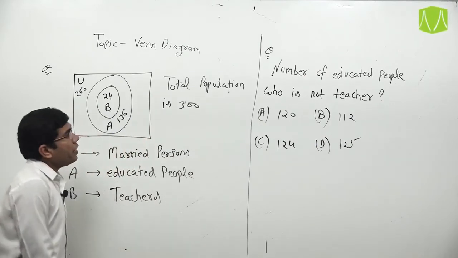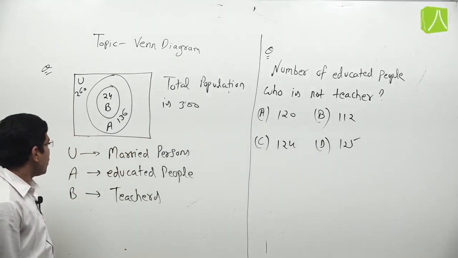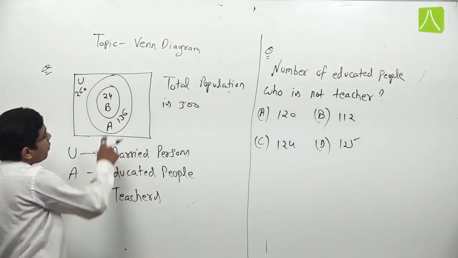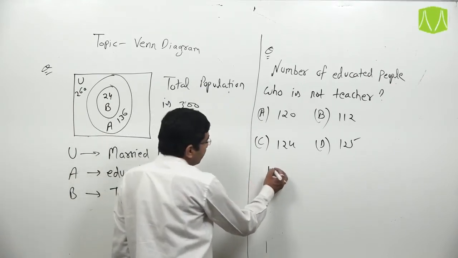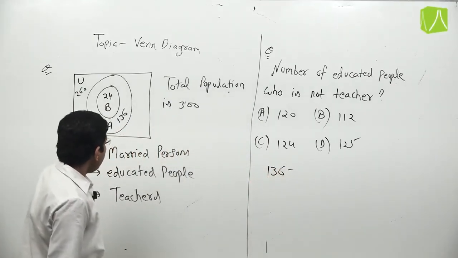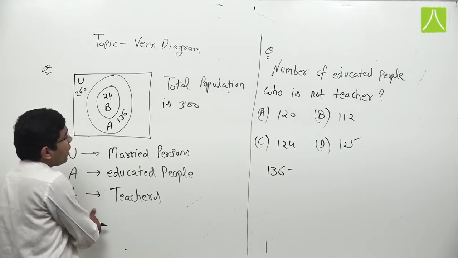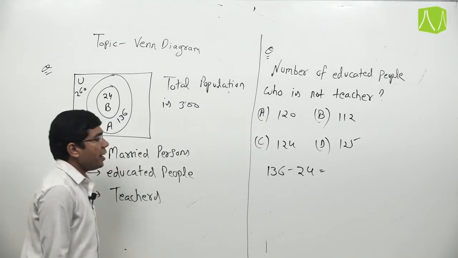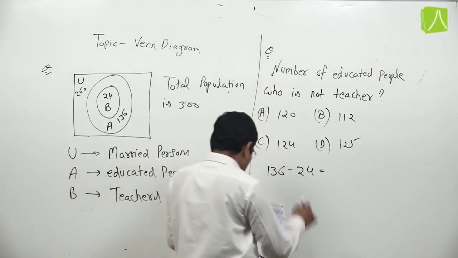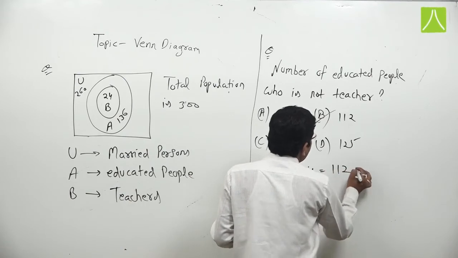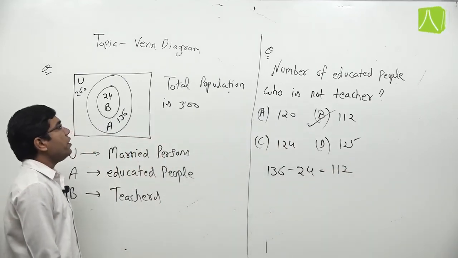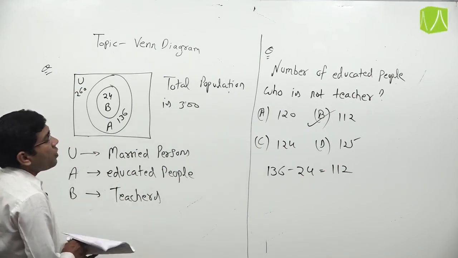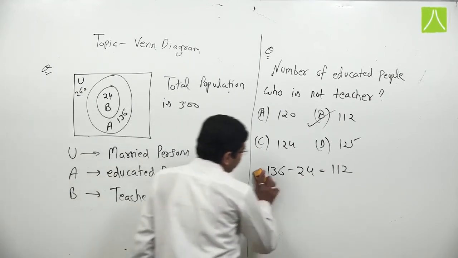According to the diagram, A denotes educated pupil. So the total number of educated pupils is 136, and in these 136 pupils, 24 are teachers. So 136 minus 24 should be our answer, option B. There are a total of 112 persons who are educated and not teachers. So this is the example of the simple Venn diagram type.